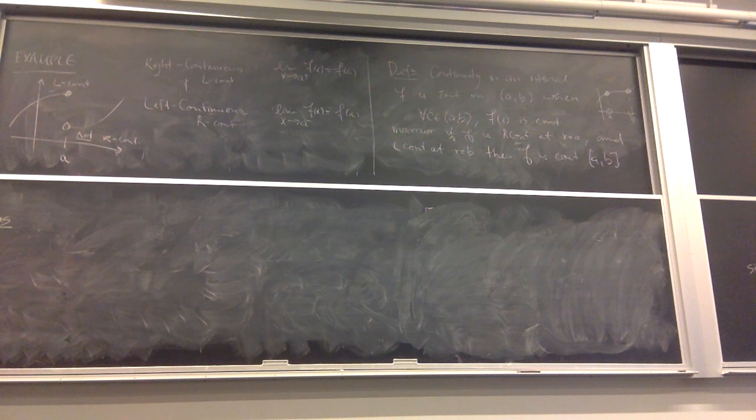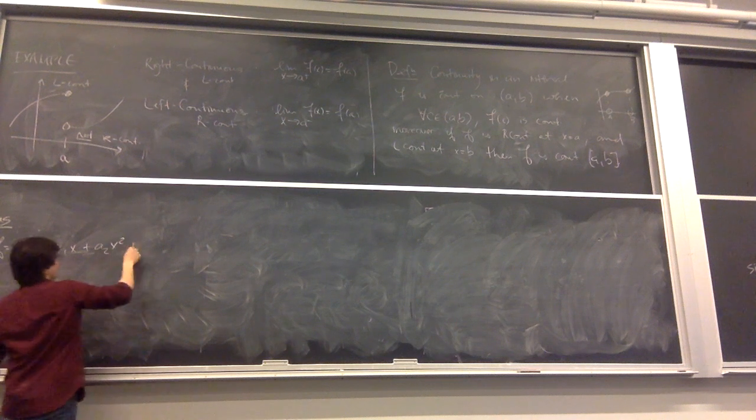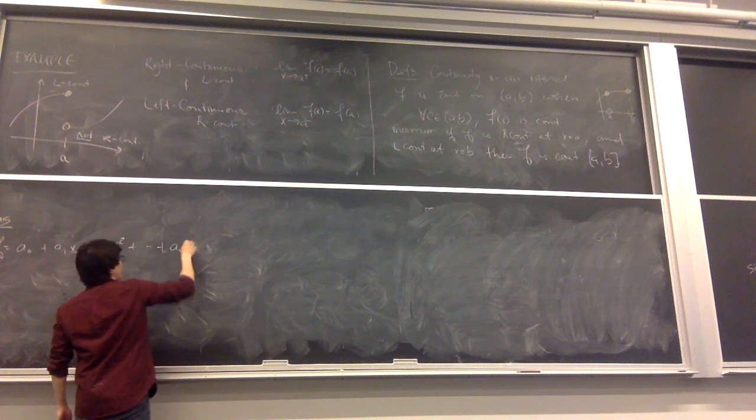Yes. When I write things down, coefficients are allowed to be 0. Writing a sub i times x to the i, a sub i is allowed to be 0, so those terms can disappear. Anyway, a polynomial is this. I'm going to write it down for the last time: a0 plus a1x plus a2x squared, and so on, and then you have to stop.